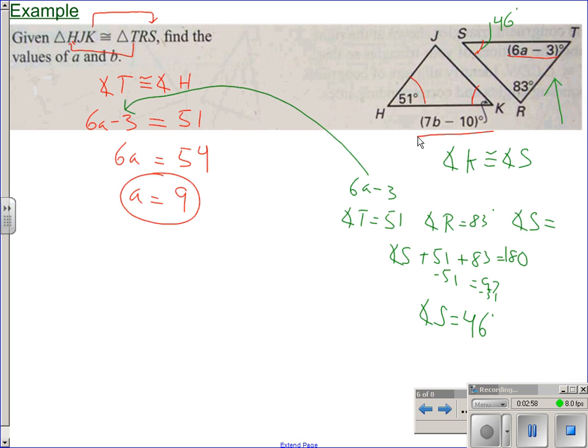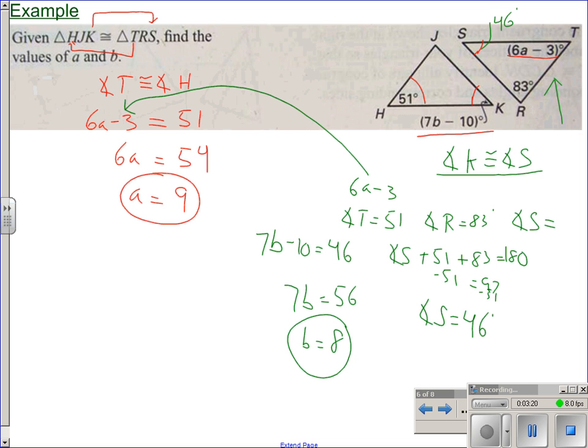So angle K and angle S were equal to each other. So angle K was 7B minus 10. That equaled angle S, which we just found out was 46. Here's how we're solving for B. Add 10 to both sides. Divide by 7. We get B is 8.